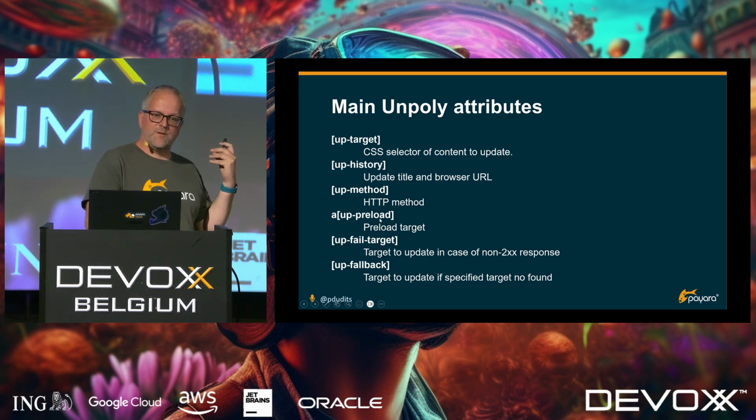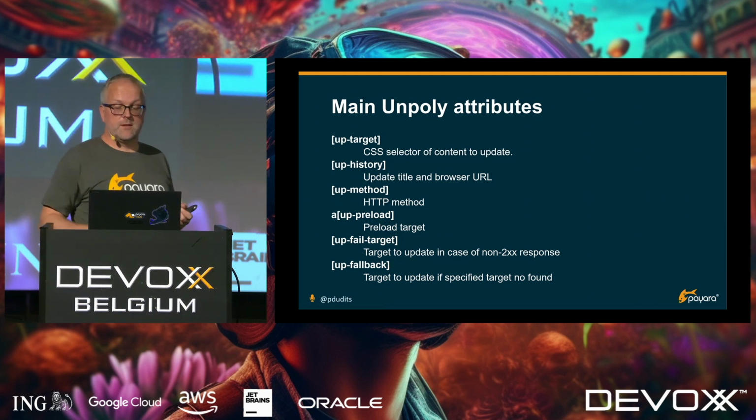You can make your site feel even faster by specifying preload, and Unpoly will immediately start fetching the next page into its cache, so it can immediately replace the target once the user clicks it without waiting for network communication to happen. Or you can modify what happens if the response is not successful. By default, it will replace the current form, or specify when an error happens and probably you are on the error page and nothing matches from what you previously asked Unpoly for.